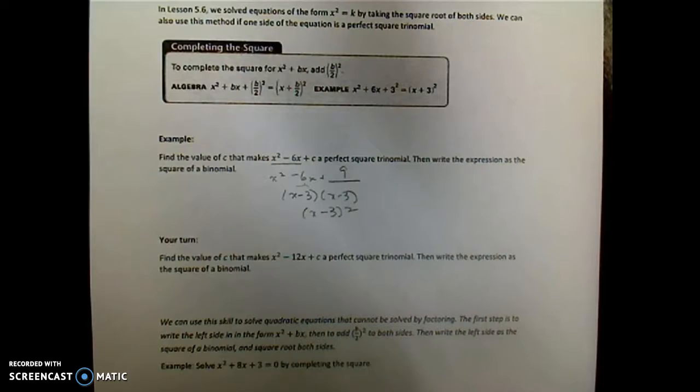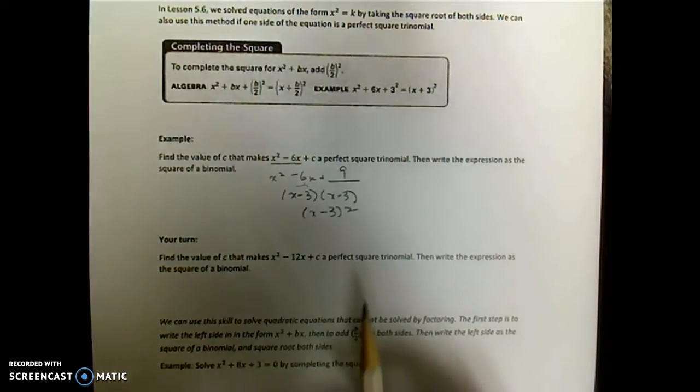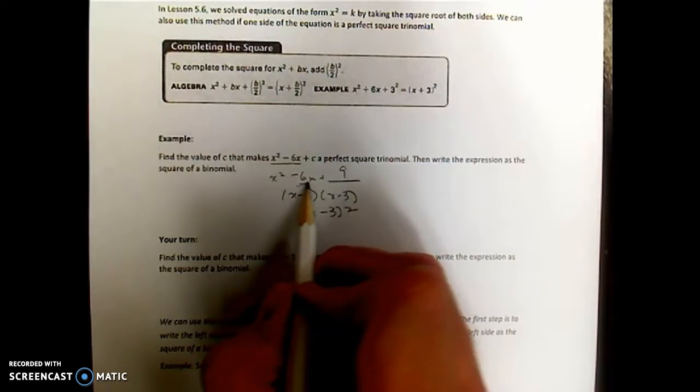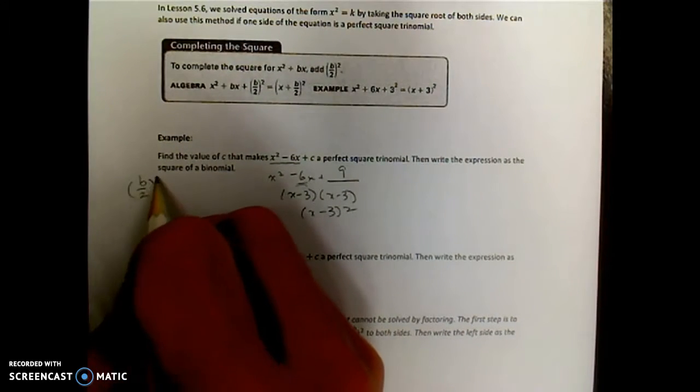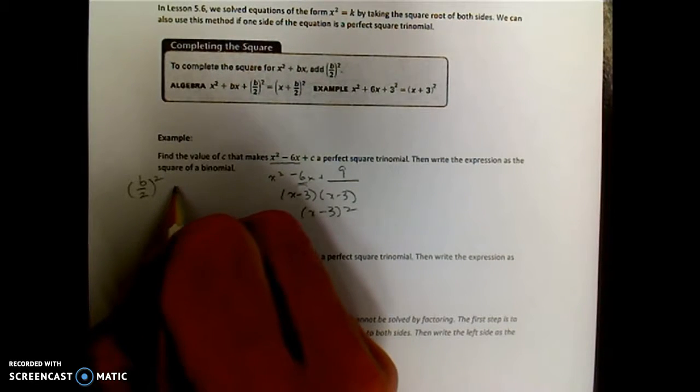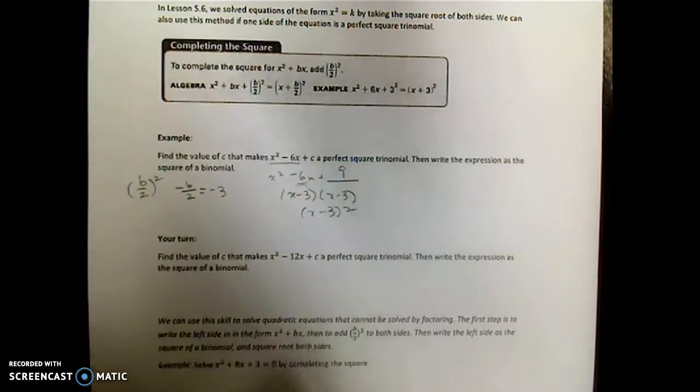But what if we could generate a more efficient way that would tell us what that value would be every single time? If we think about how we come about those perfect square trinomials, let's work backwards. I'm looking at this number 6. We took half of that number, in fact negative 6, divided it by 2, that gives us negative 3.